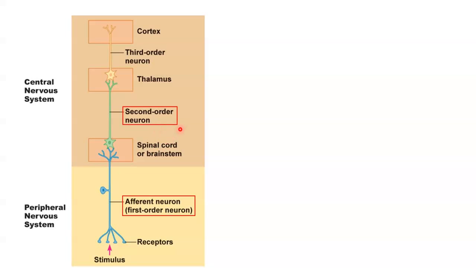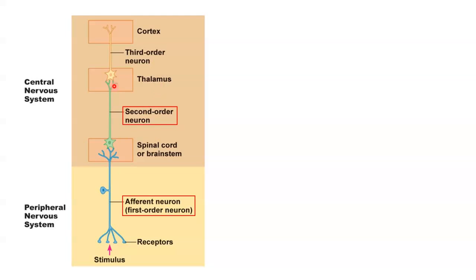Our second order neurons conduct impulses from the spinal cord or the brainstem up to the thalamus. So remember, the thalamus was those two oval structures in the very center of the brain. The major function of the thalamus was to act as a relay station.